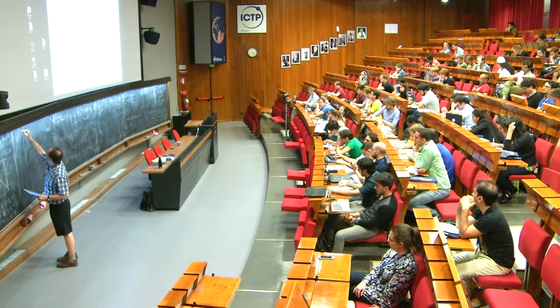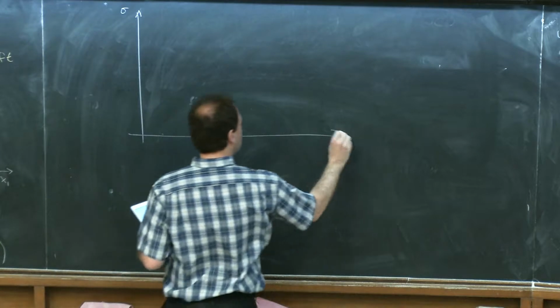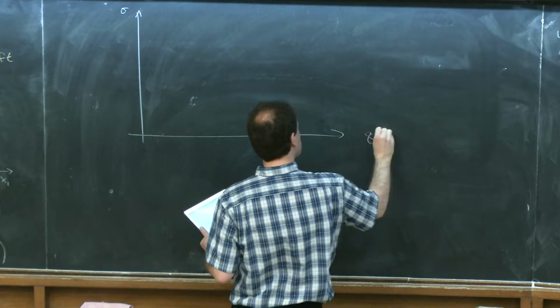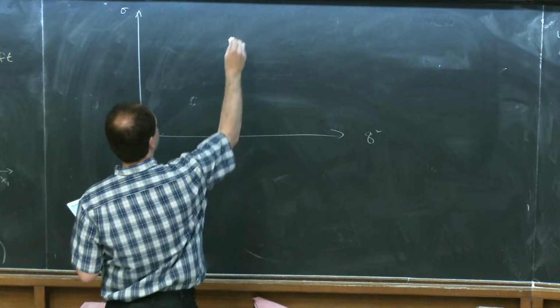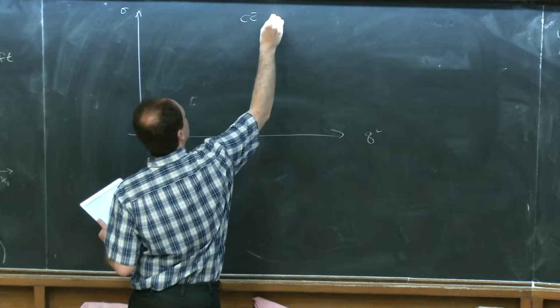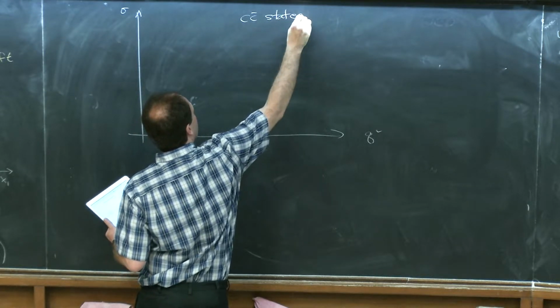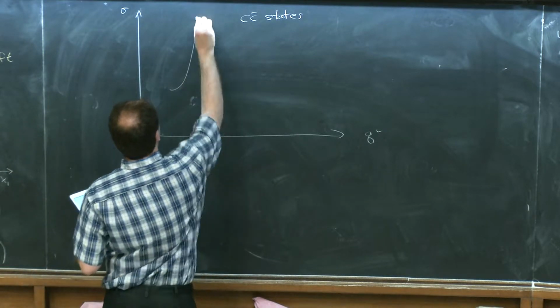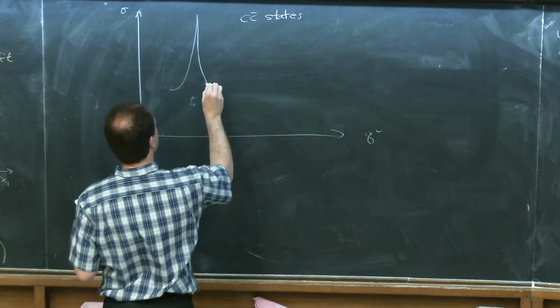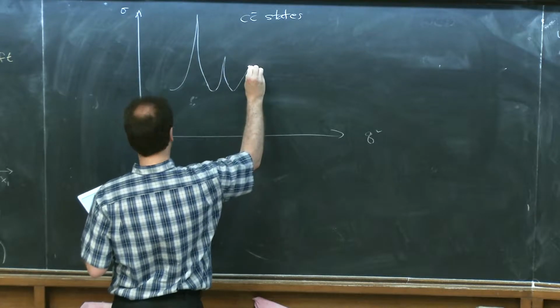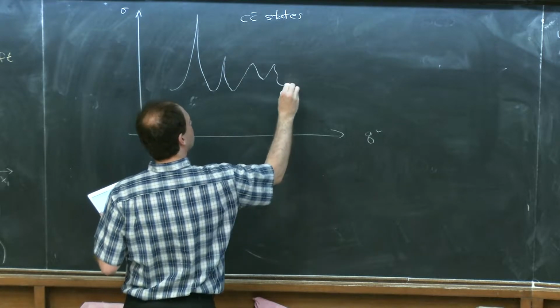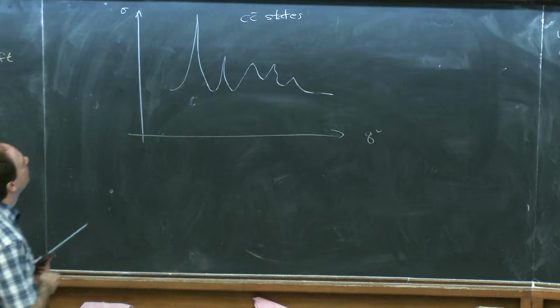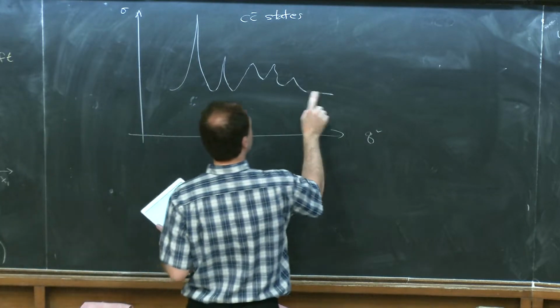So if I plot the cross-section versus q squared, and I'm doing this around the charmonium, just for illustration, there's going to be charmonium resonances. And these are spikes in the cross-section that look like this. Smaller spike. Something like this.